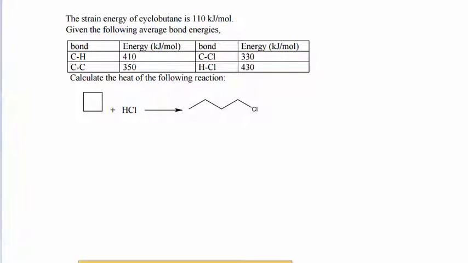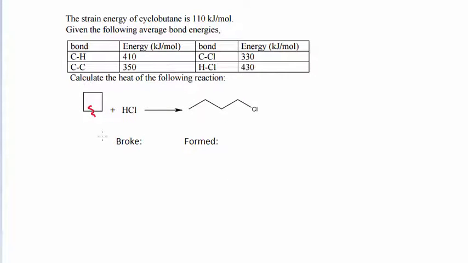Okay, so the first thing you should do is what you should be familiar with from general chemistry, and that's identify which bonds are broken and which bonds are formed. It might be a little difficult if you're not used to this line wedge convention in organic chemistry, but you should get used to it rather soon. So the first thing to notice is that one of these bonds is broken.